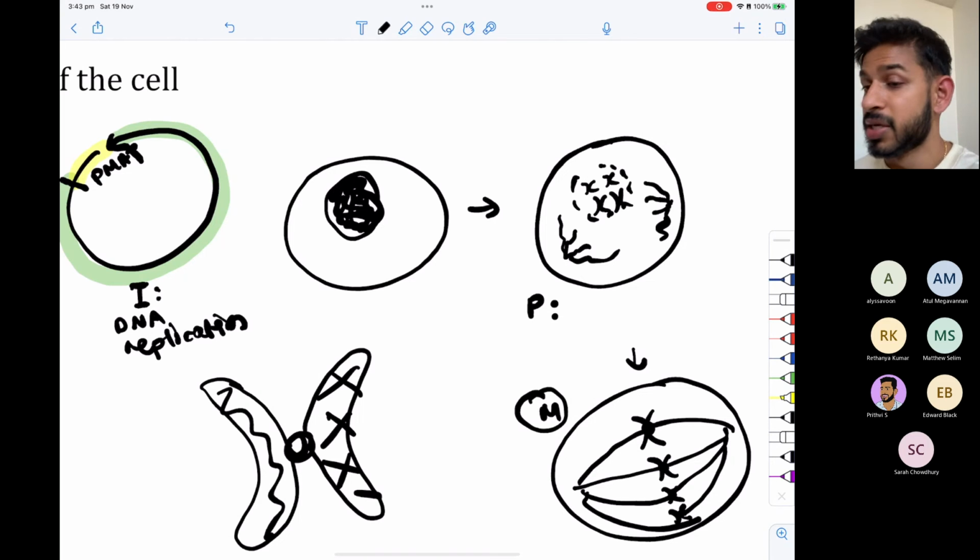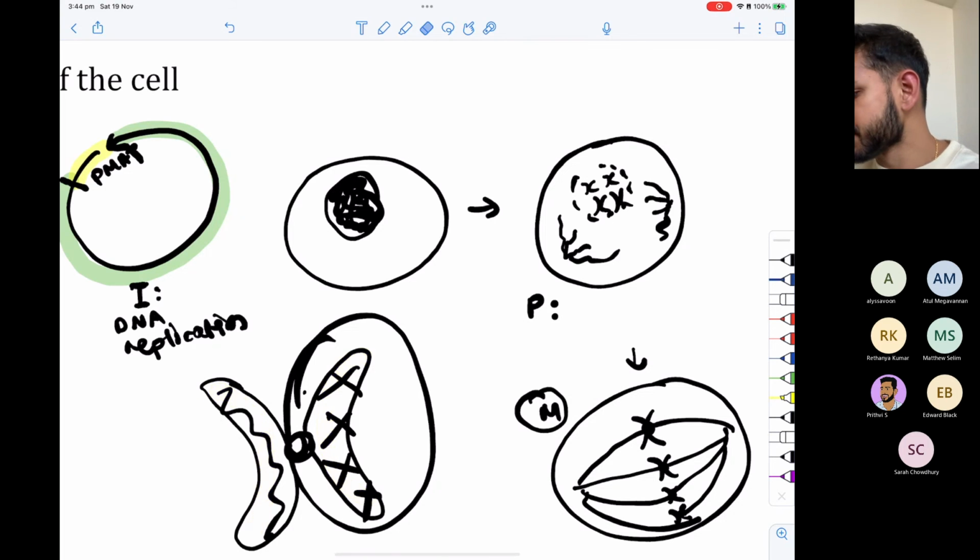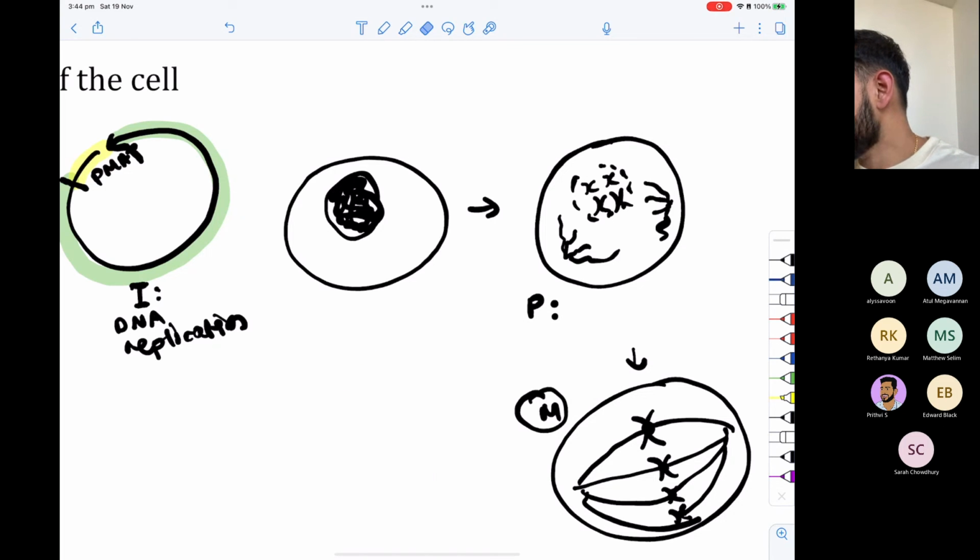This is, in interphase, when we said DNA replicates, this is the conjoined twin that was made from that replication. It is exactly identical to this chromosome as well. Very good. Extension question. Alyssa, what organelle makes the spindle fibers?